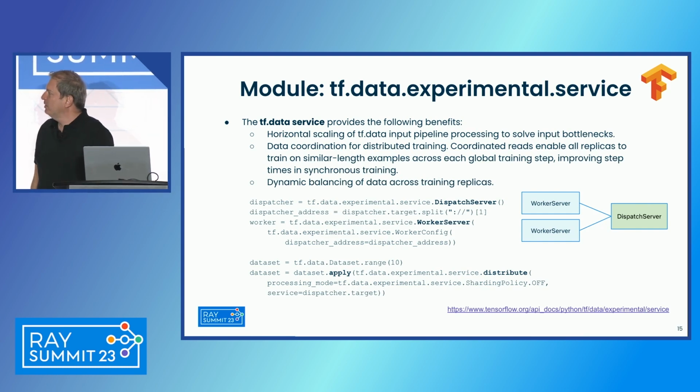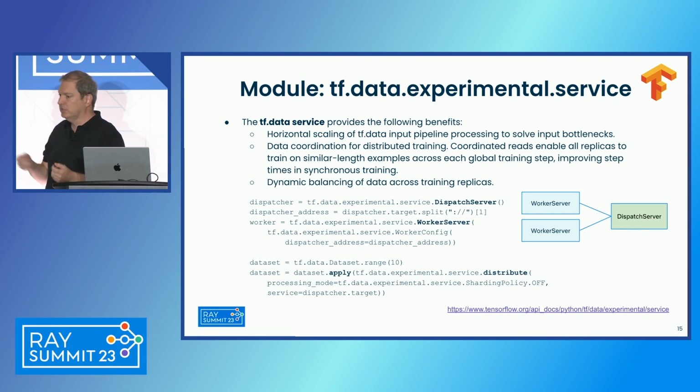We do the ingestion of data from the file system. We need a lot of workers in CPU in order to get more threads to consume faster from the network. We use the tf.data experimental service provided by TensorFlow 2.9 and onwards that has a dispatcher and worker servers.